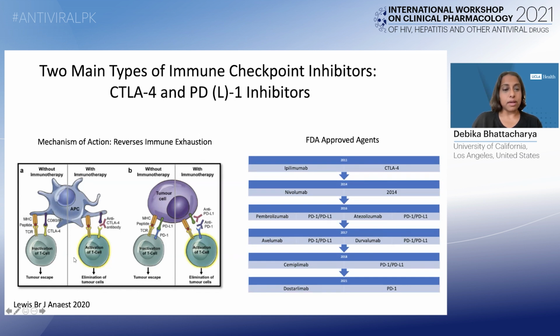So here on the left-hand side, with the antigen-presenting cell binding the CTLA4, they go ahead and inactivate the T cell. The same is true here for a tumor cell and PD1 and PDL1. PDL1 stands for the ligand of PD1.